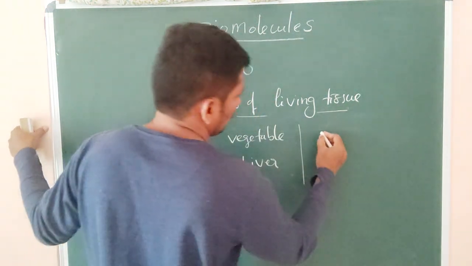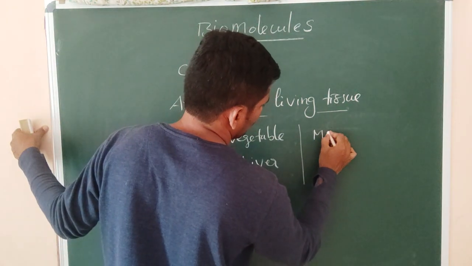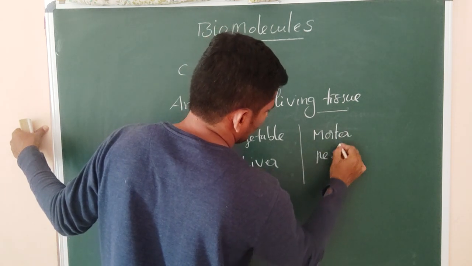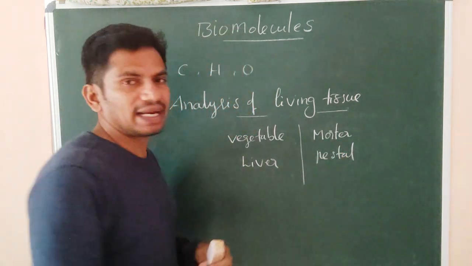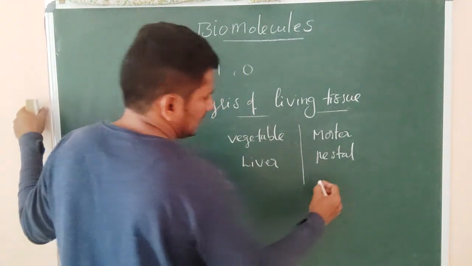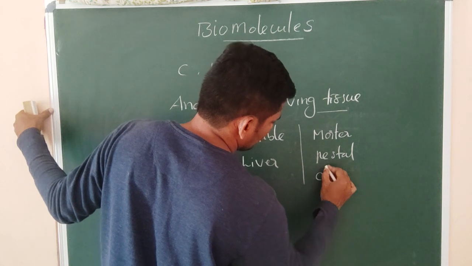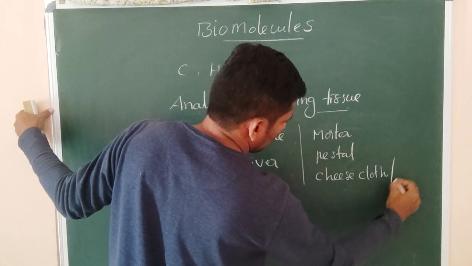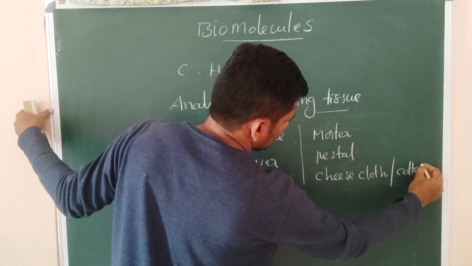The requirements are the mortar and pestle. These two are used for the grinding purpose. The second one is the cheesecloth or cotton.